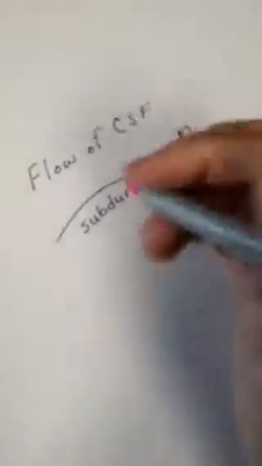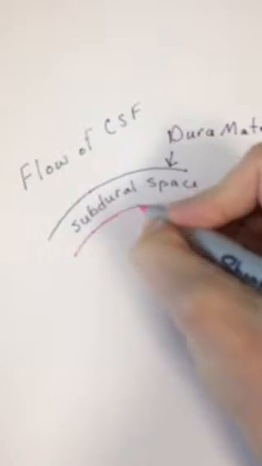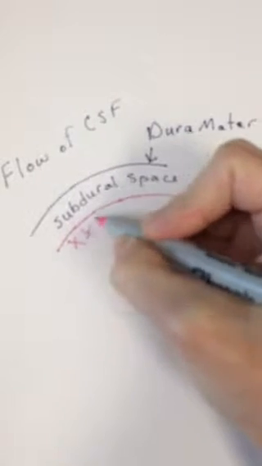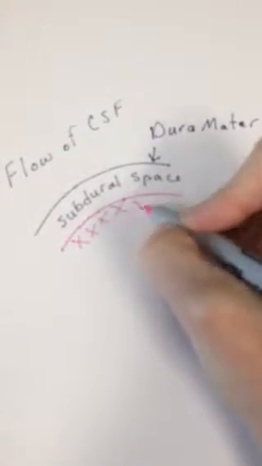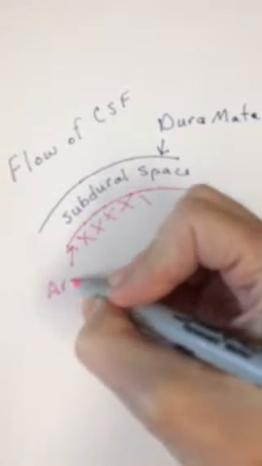And then we have the next meninge, which is what? What do we call this one? It has little spiderwebby looking extensions coming off of it. Stringies. This is the arachnoid mater.